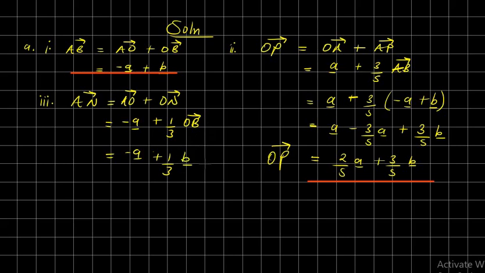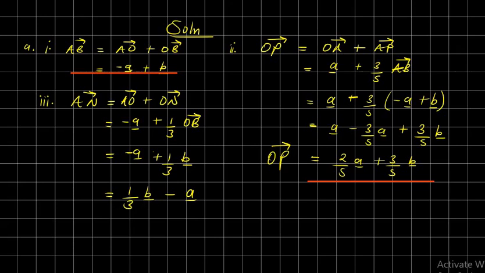So here we can just try to hide that negative by saying we have 1 over 3 of vector B minus vector A. So we have something like that. If you want you can play around with this and try to simplify it, but it's okay if you leave it like this, it's fine.